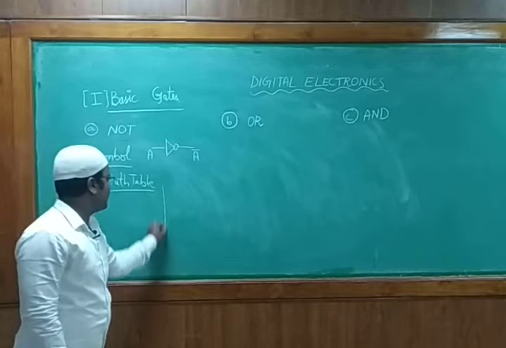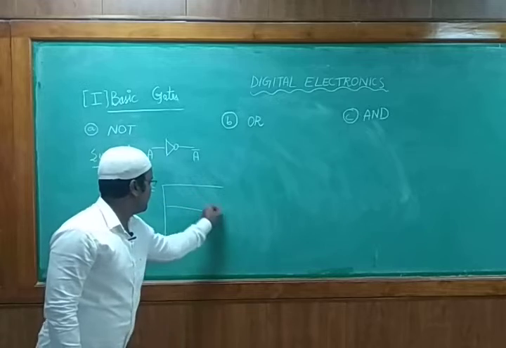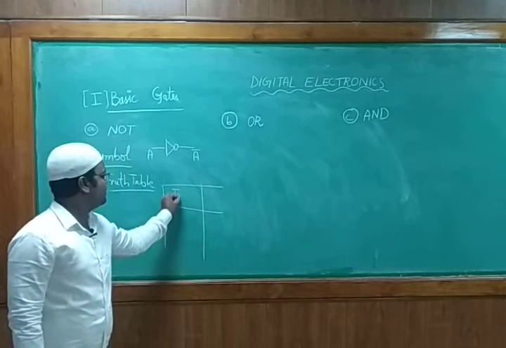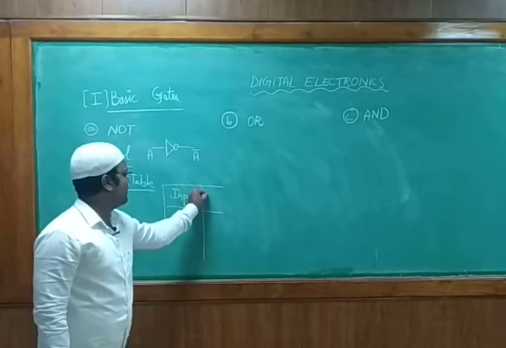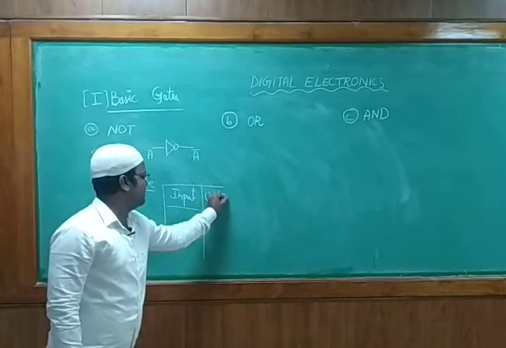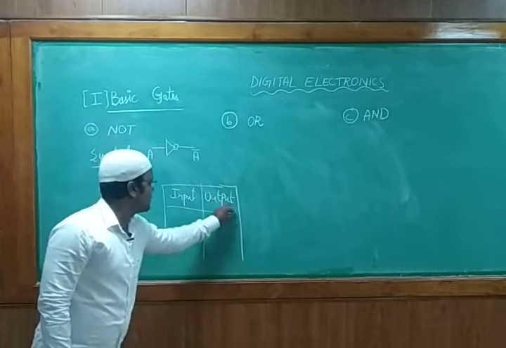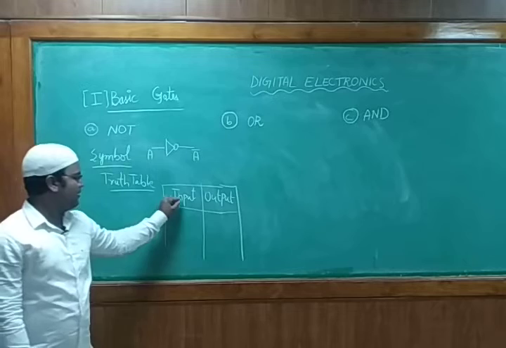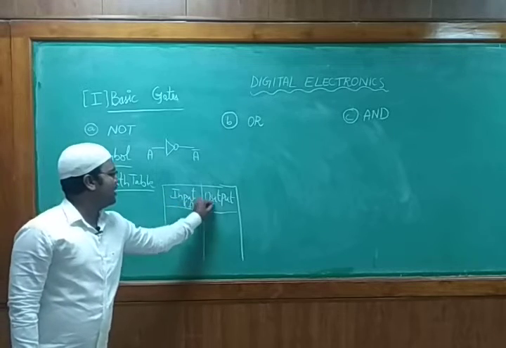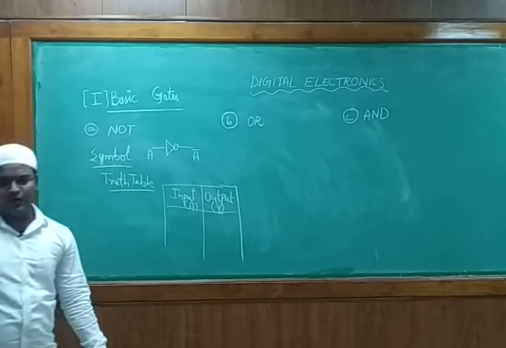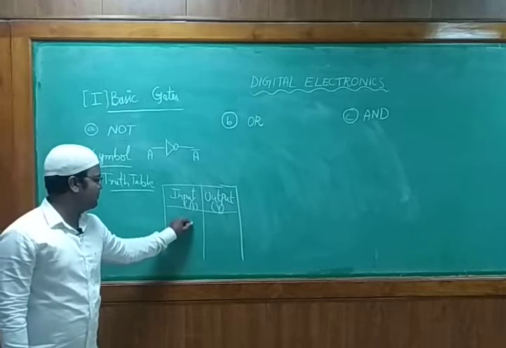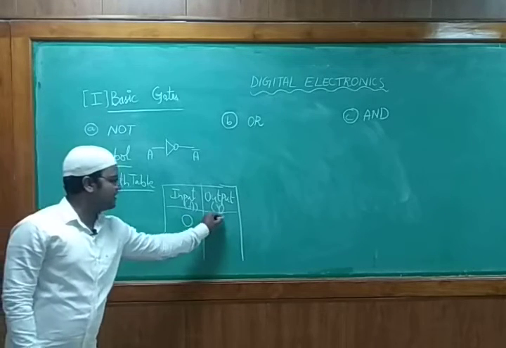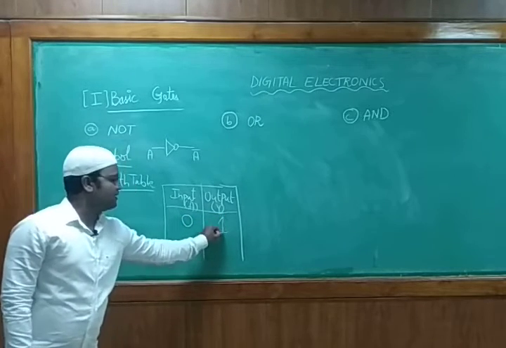The truth table would be like this. First, we take the input part, then the output signal. If I have input A, then I need to write its output and mention it as y. Suppose the input is 0, then it takes the complement and makes it 1.